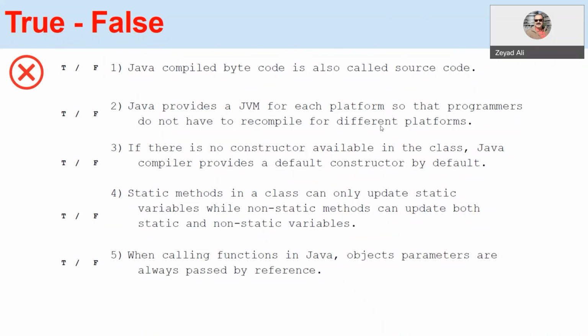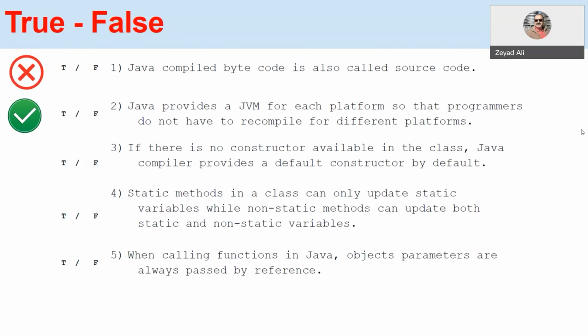Yes, there are separate Java Virtual Machines for each platform. You write the same Java source code, you compile the code, you get the bytecodes, but when you run it, it runs on a platform-specific Java virtual machine. So second answer is true.